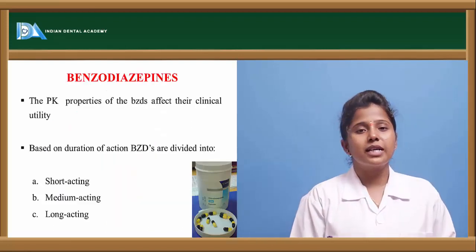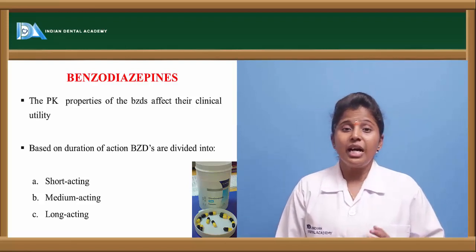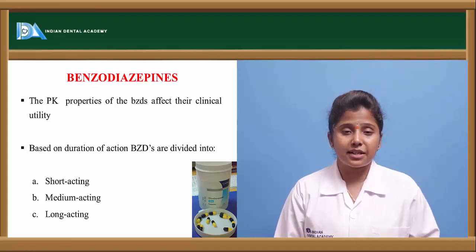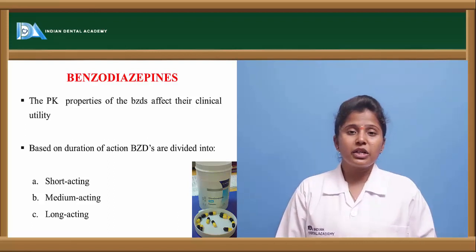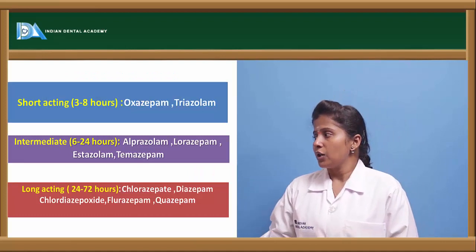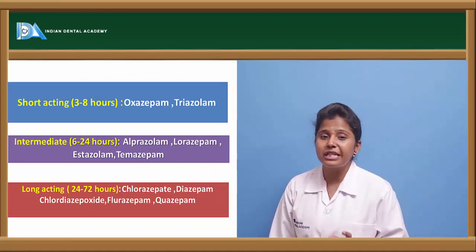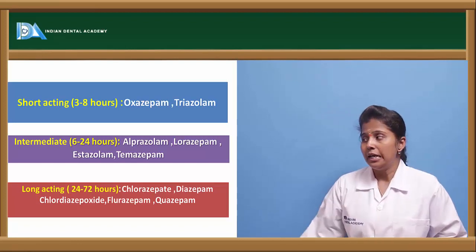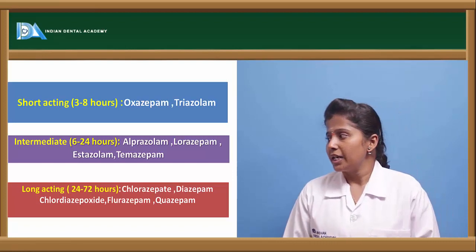Let us see the pharmacokinetics of these drugs. These drugs are clinically very effective, and based on the duration of their actions, these benzodiazepines are classified into short acting, medium or intermediate acting, and long acting. The short acting drugs exert their actions within 3 to 8 hours of administration. Drugs in this category are oxazepam and triazolam.